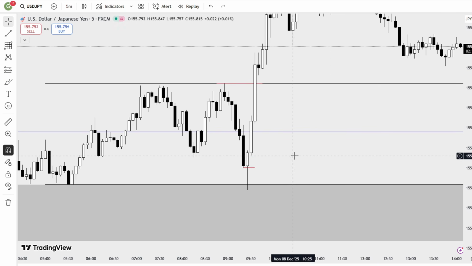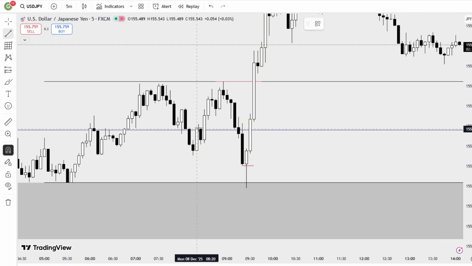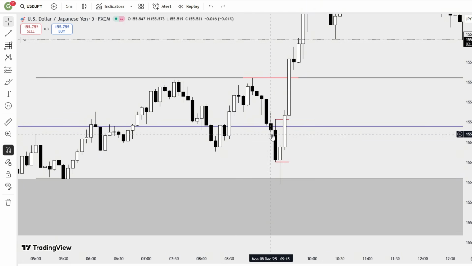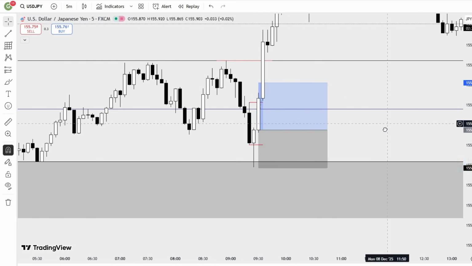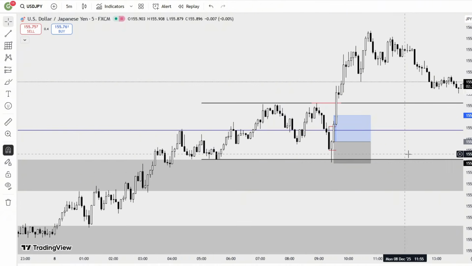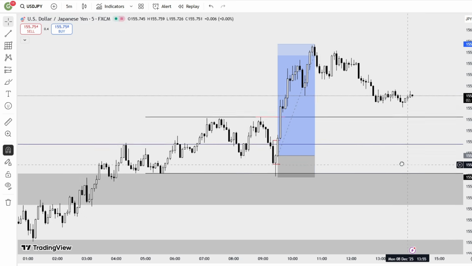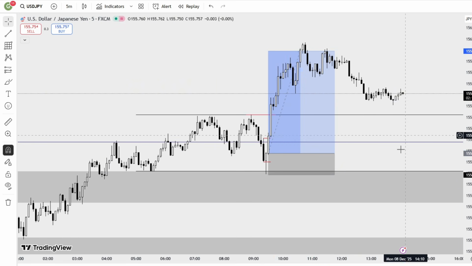And I see the model presenting itself to me like this, okay? You see, you have CRT right here, candle 1, candle 2, candle 3. And then in candle 3, you can take your trade right here, and then you can aim for whatever target you want. And we are going to discuss this in the next lesson, right?